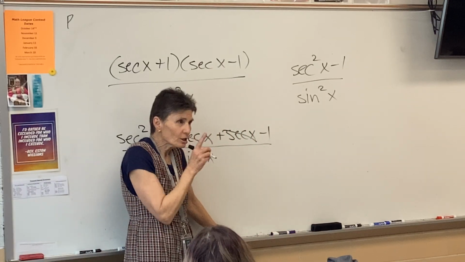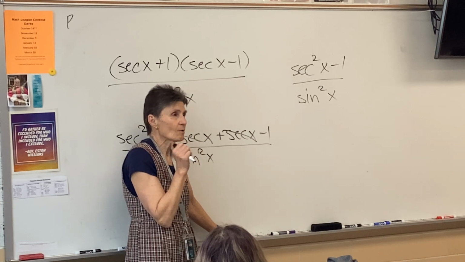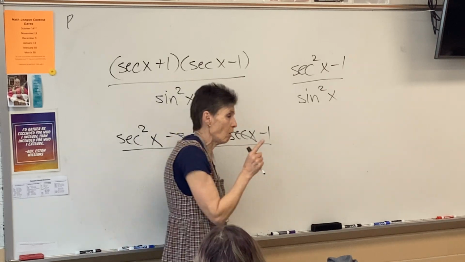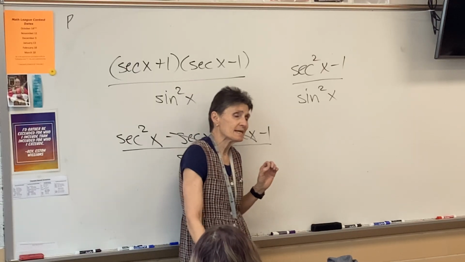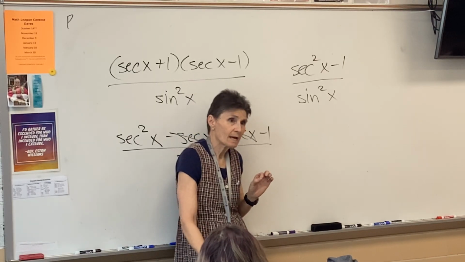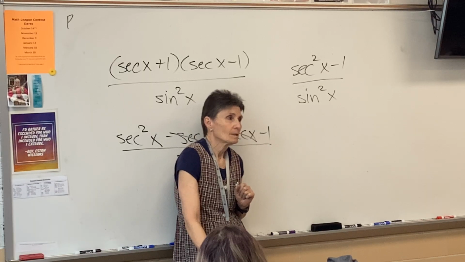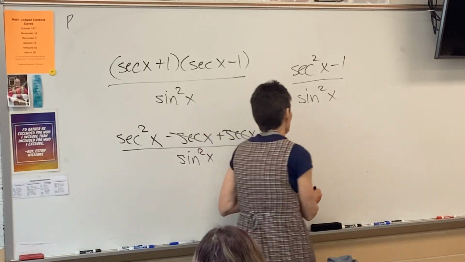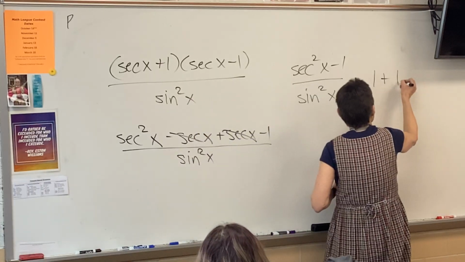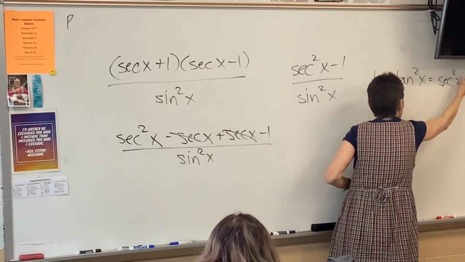Now I want you to look at your green sheet and the circled parts. Is there anything that involves, in some way, shape, or form, a secant squared and a 1? Yes. It doesn't look exactly like that. What does it say? 1 plus tangent squared is secant squared.